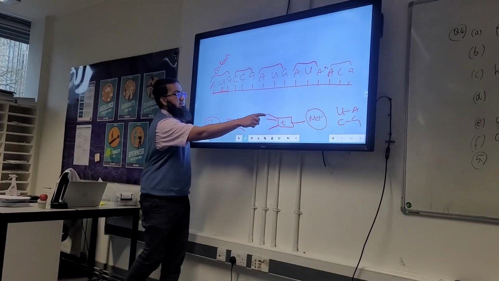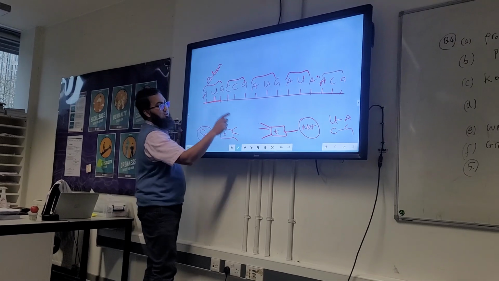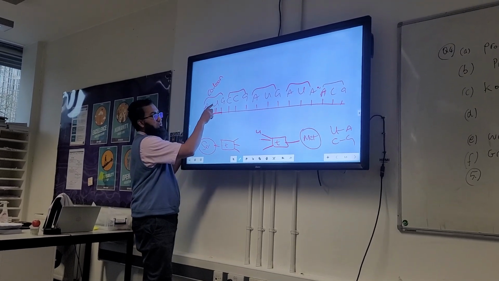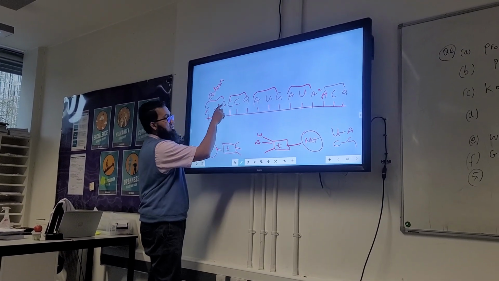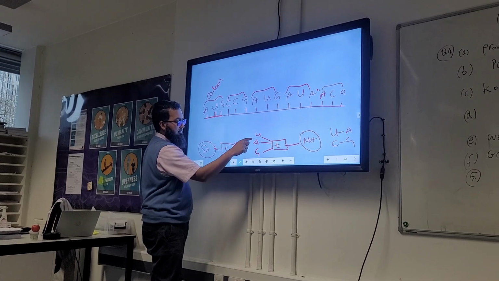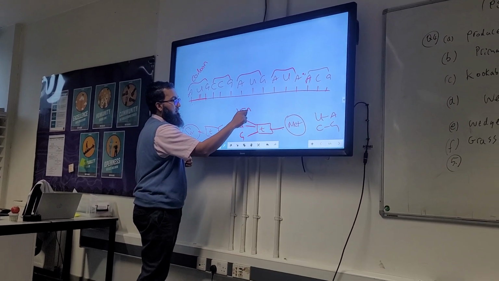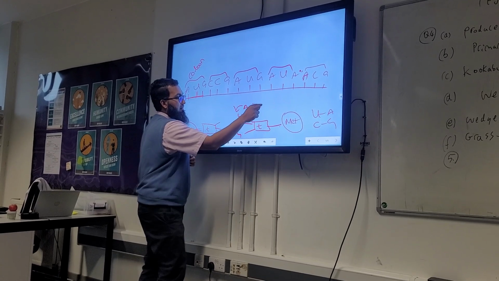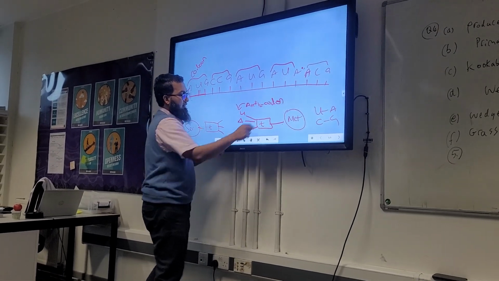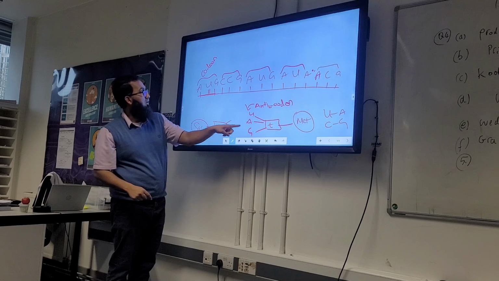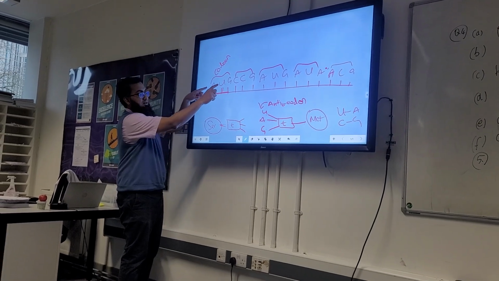So if I want MET, this should be U, A, C. These bases are the anticodon, meaning they are complementary to the codon here.